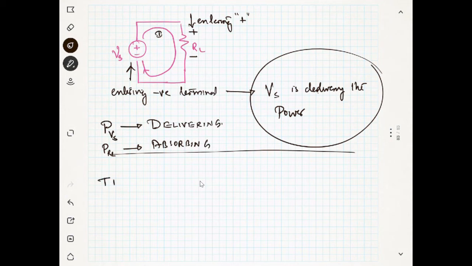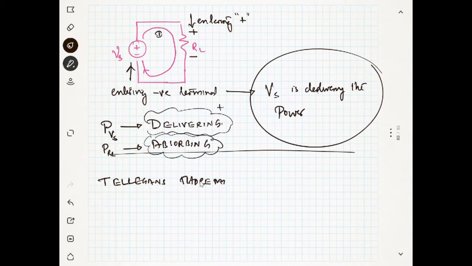Now we will state Tellegen's theorem. The power delivered will be equal to the power absorbed. If I give a positive sign for delivering, then for absorbing I give the negative sign.